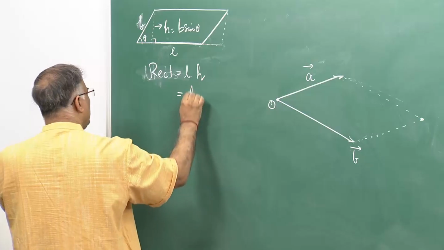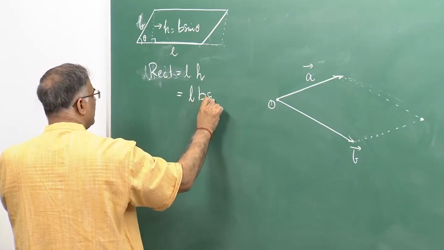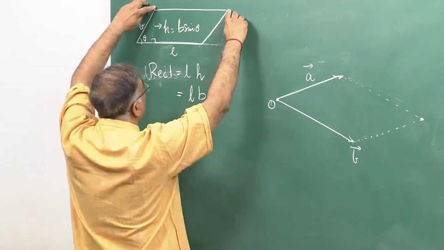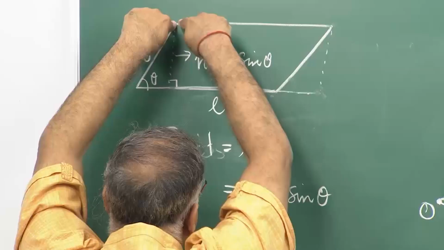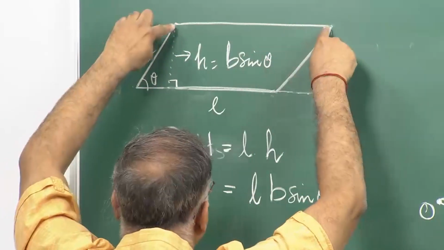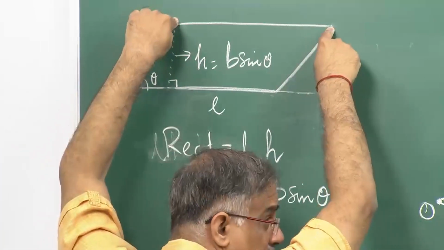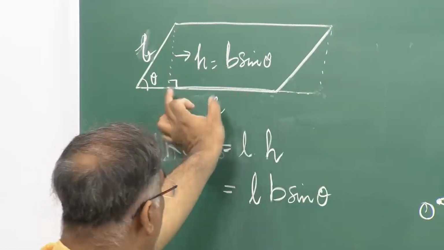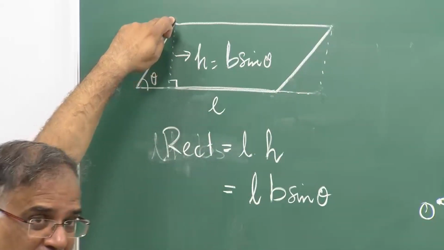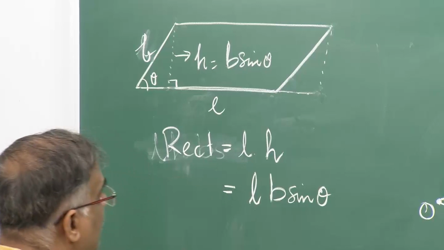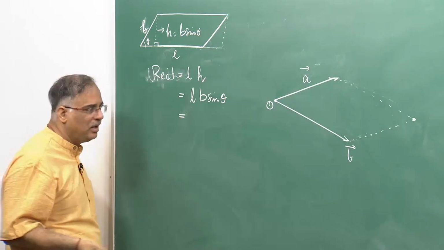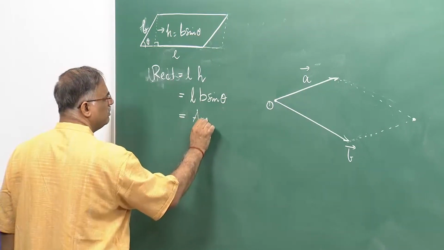What is H? It is B sin theta. You observe that this side of the rectangle must match this side, but this line is same as L because this is a parallelogram, opposite sides are equal. So this full length is also L, and L into H is the area of the rectangle, which is L into B sin theta, and this area of the rectangle is same as the area of the parallelogram.